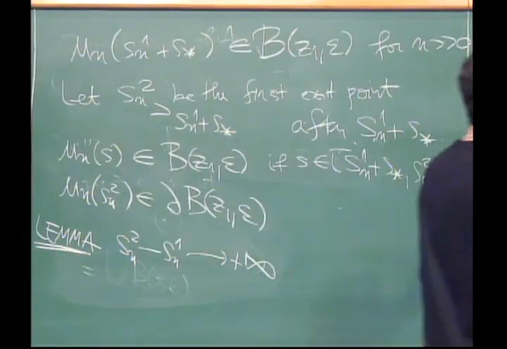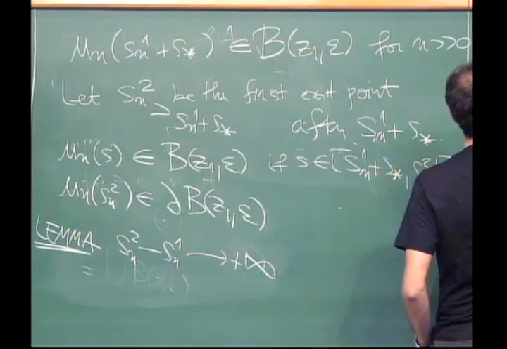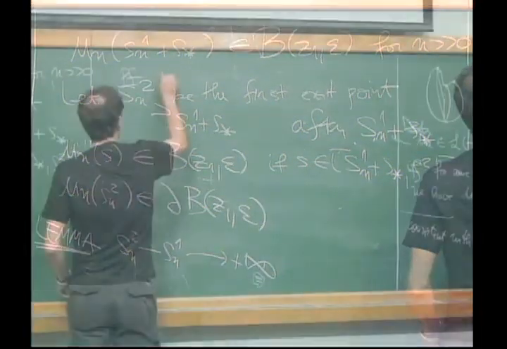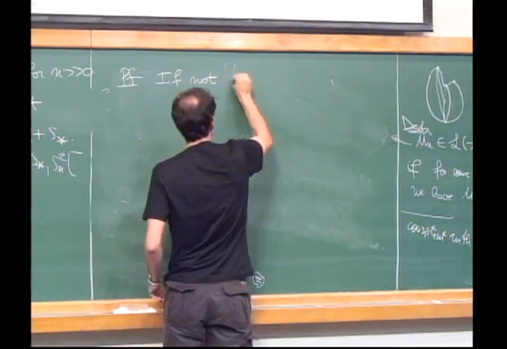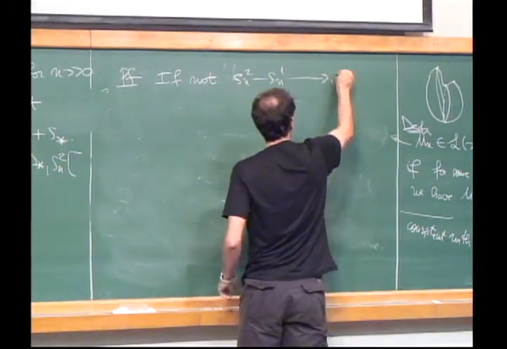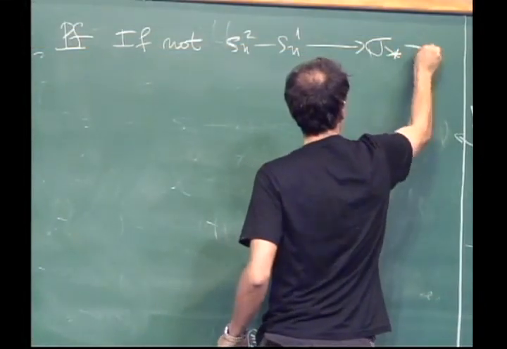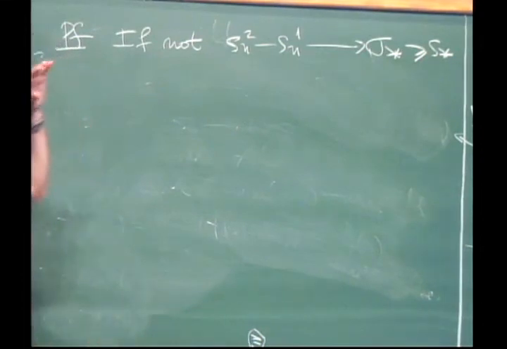Now, the proof is not difficult. If not, so Sn2 minus Sn1 goes to some finite limit.